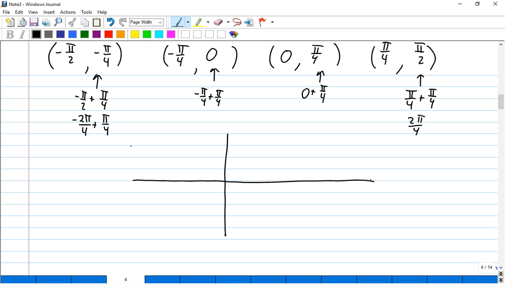Remember, these are all x values, okay? That's a big deal. Because if you look at our key points, 2 of those are negative, right? So that means that 2 of our values are going to have to be on the left side of the y-axis, on the negative x-axis. If we don't put 2 points over there, then we're not going to be able to draw this correctly.